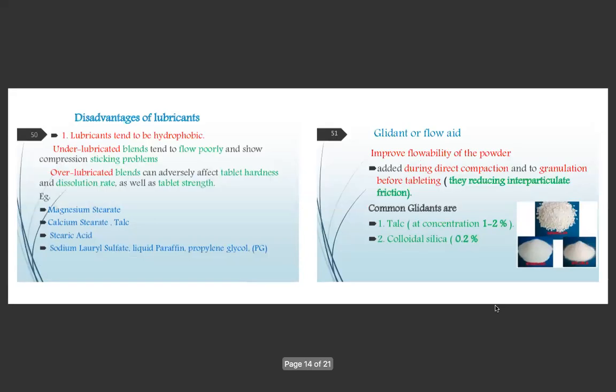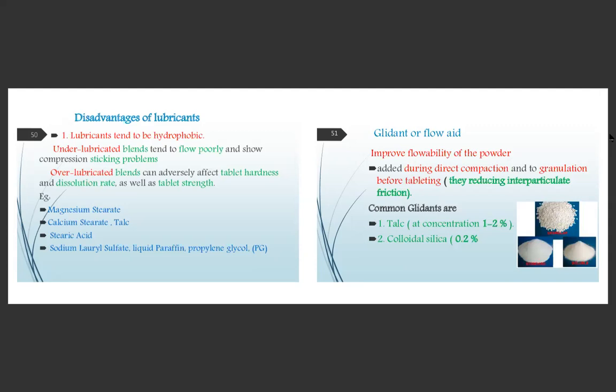Next, disadvantages of the lubricants. Lubricants are not used as an excipient for the tablet. They will not enhance anything in the formulation of the tablet. They are only for friction reduction between the particles, and between the hopper and the particles. So what can be its disadvantages?